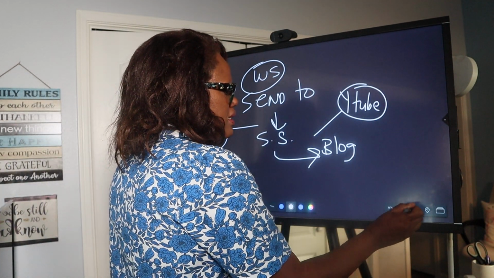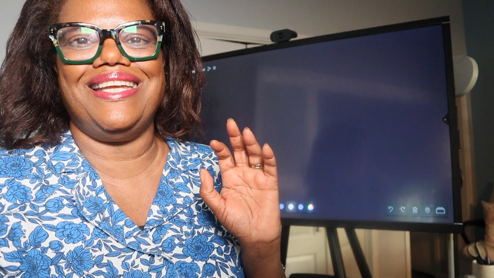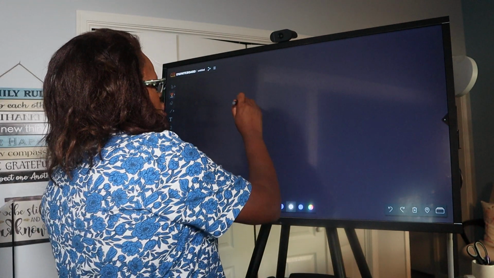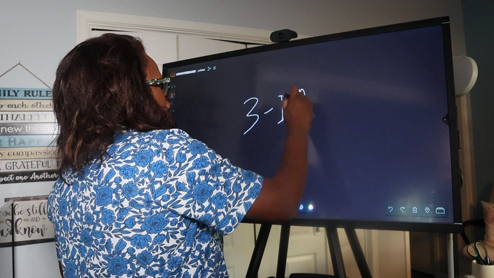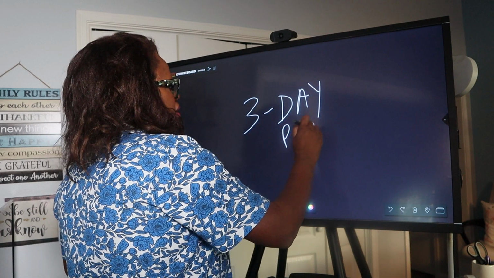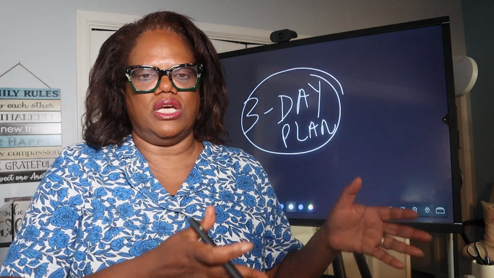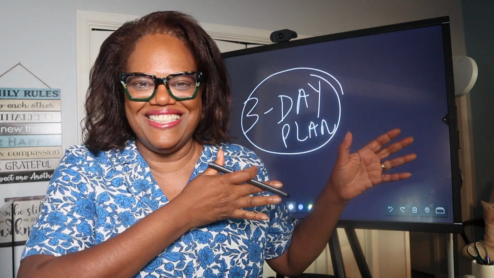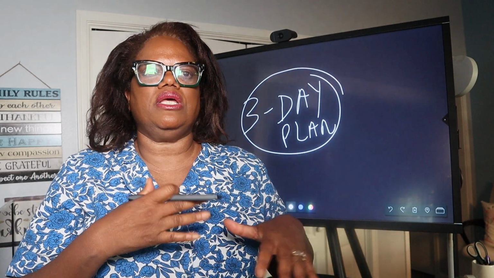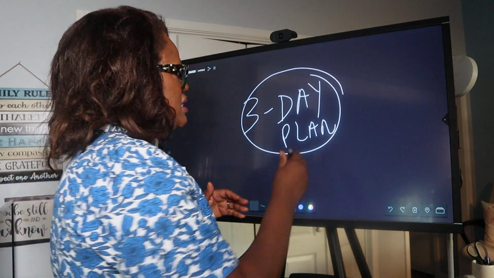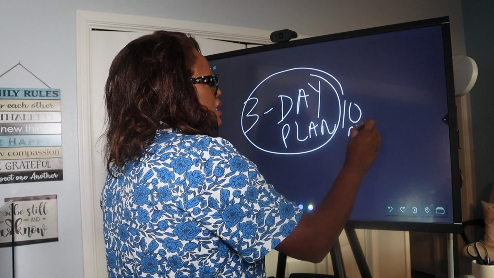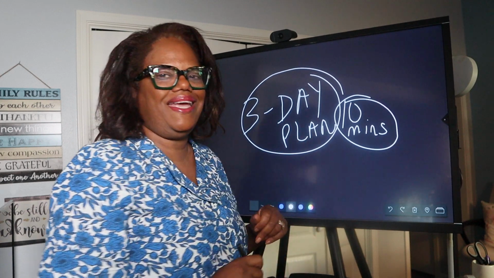And if you know anything about me, I always say you don't have to be everywhere every day and be overwhelmed. You only need a 3-day plan. Okay? And what happens is now you take your content and you do like I just taught you, and then you spend 10 minutes each day engaging.